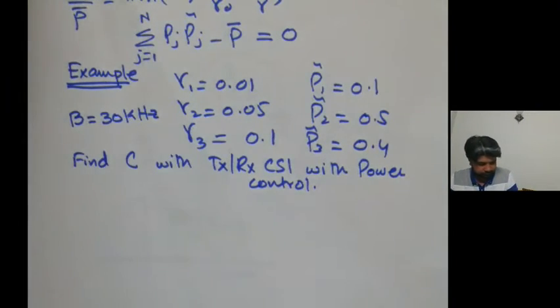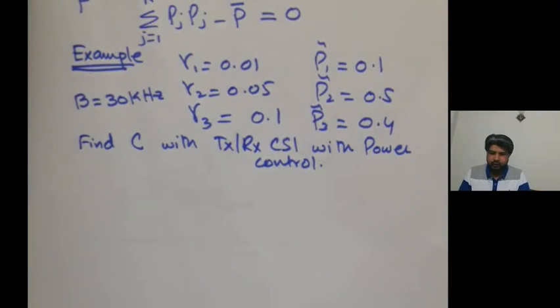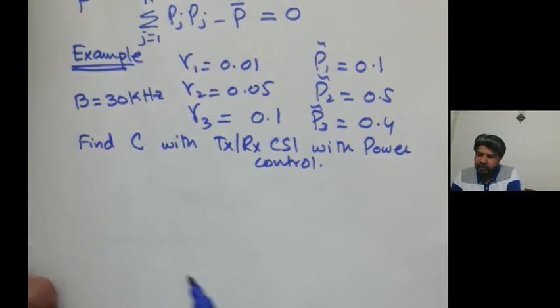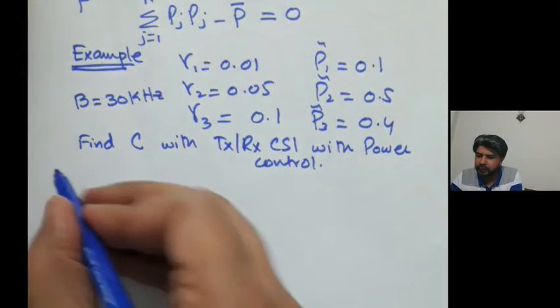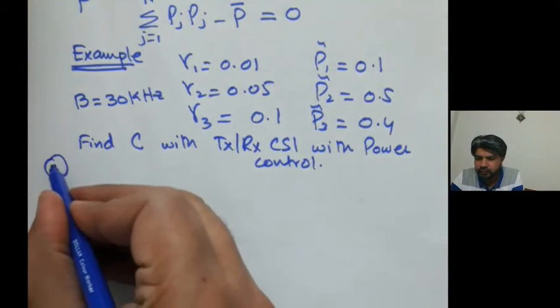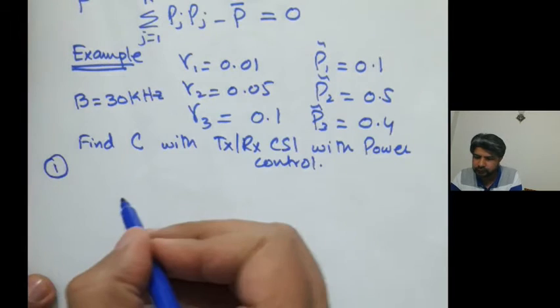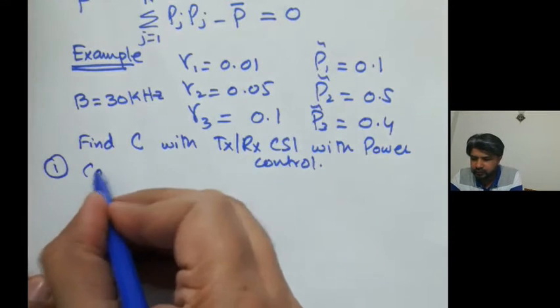So let's try to first compute the capacity with AWGN channel.